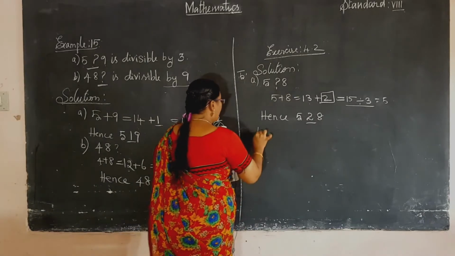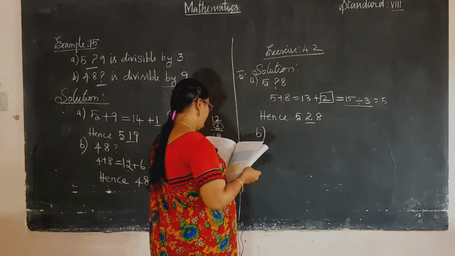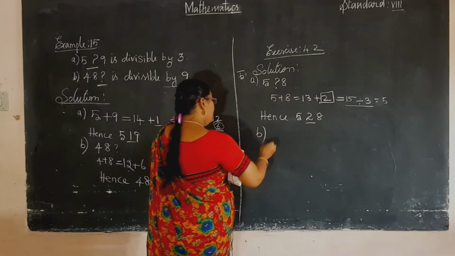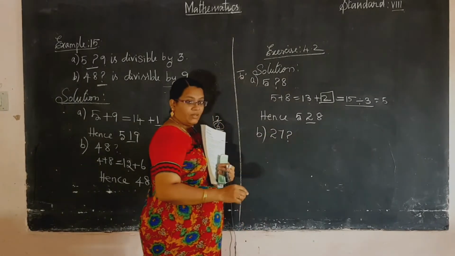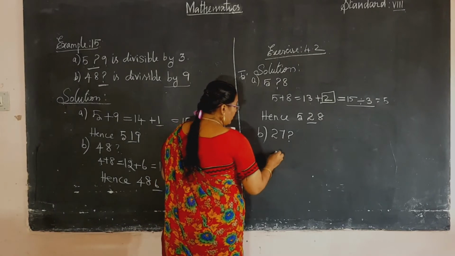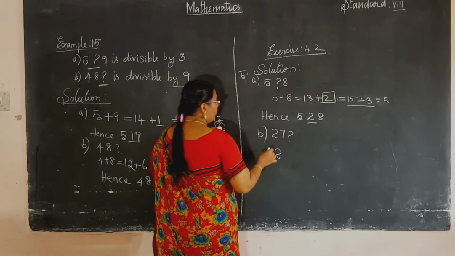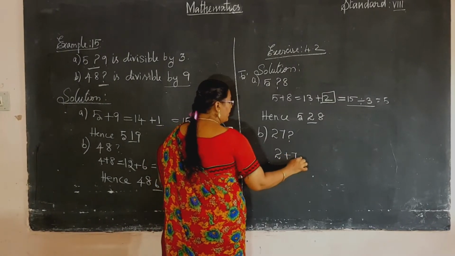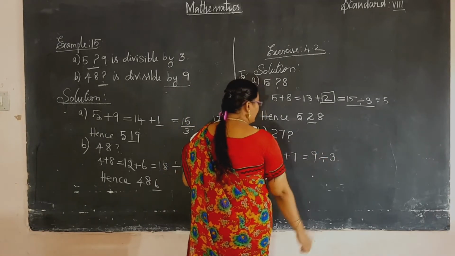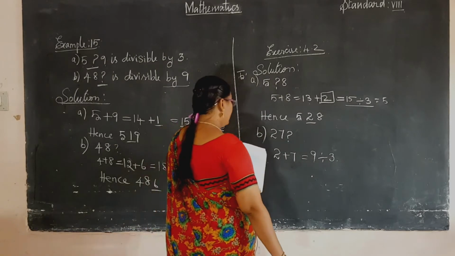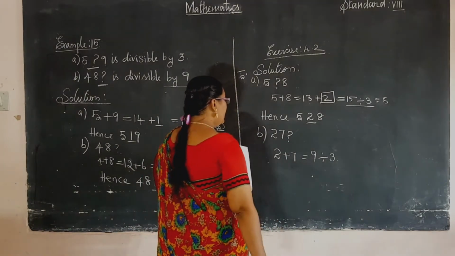And the second one, 27? is given. Here also we find the sum: 2 plus 7 is equal to 9, and 9 is divisible by 3.